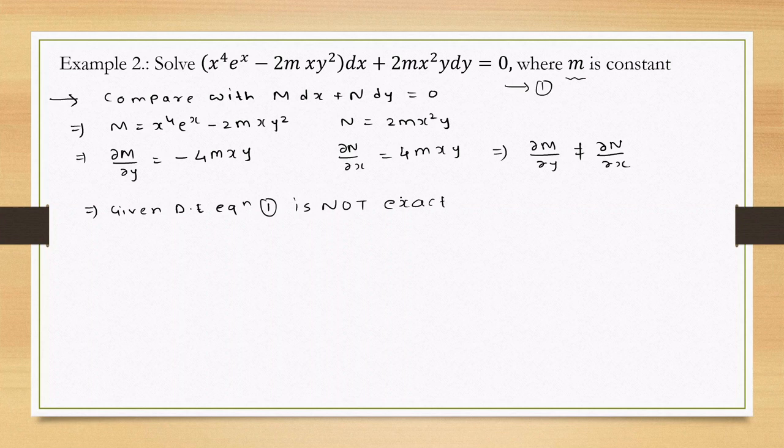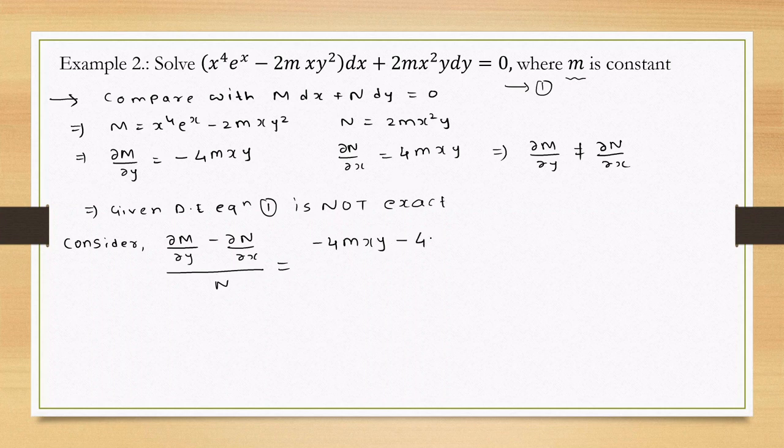Correct. Now, we have to find the integrating factor to multiply equation number 1 so that our differential equation will get converted into an exact one. Now, consider (∂M/∂y minus ∂N/∂x) upon N. What is ∂M/∂y? It is minus 4xy, minus, what is ∂N/∂x?